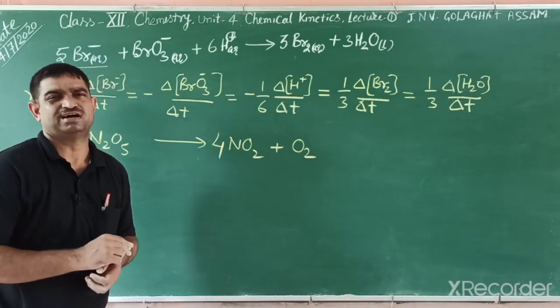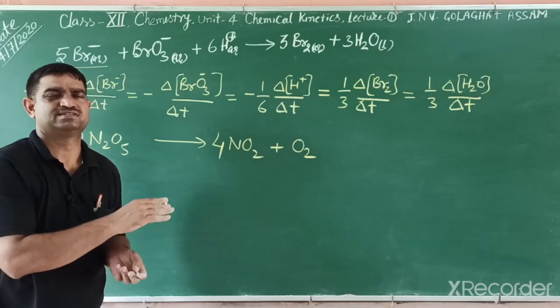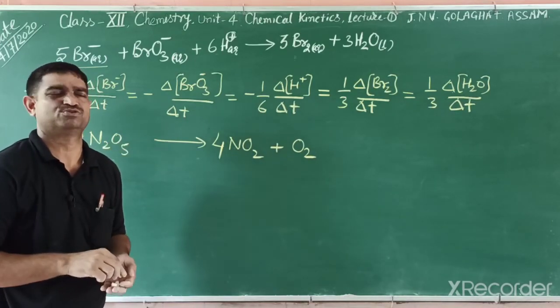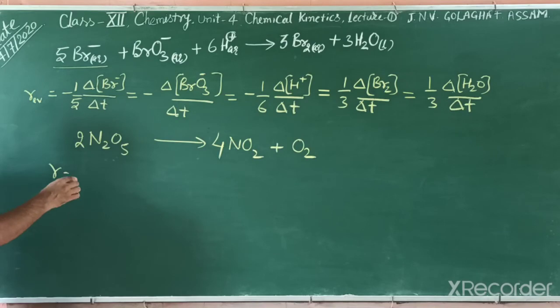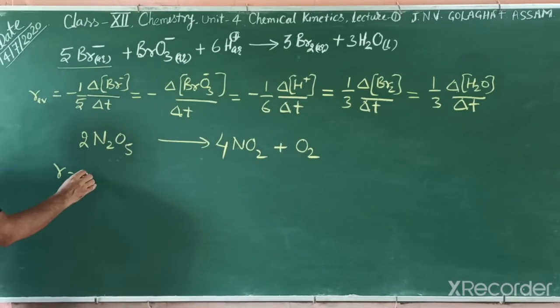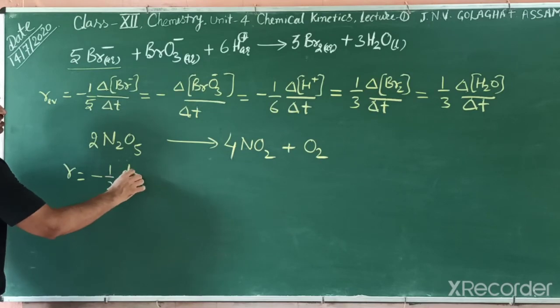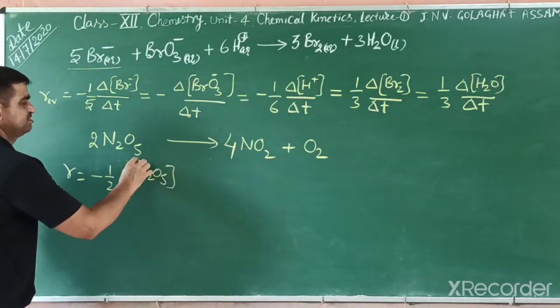Another reaction is also given, hydrolysis of butyl chloride. You can see that, and the plot, graph and difference given there, see thoroughly. So we can write the rate of reaction as the instantaneous rate, which is equal to minus 1/2 small d [N2O5] by dt, because that is the instantaneous rate.